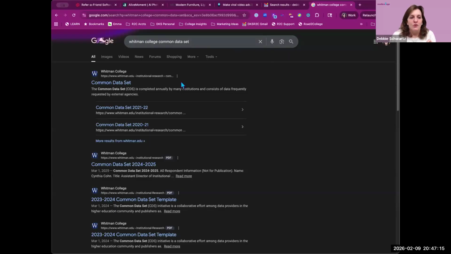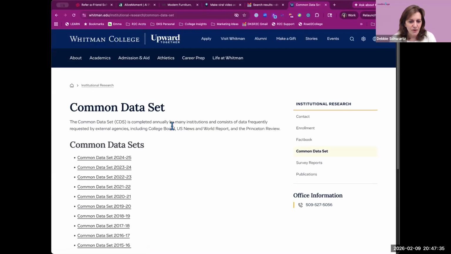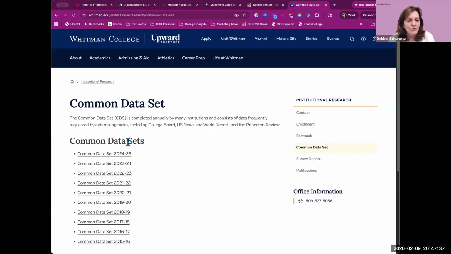Okay, thanks. So, to find any college's common data set, you just put in the college name and the words common data set, and hopefully it should bring you to the page on that college's website that lists all the different common data sets that they have. So let's go directly here, and this is great. This is the way most colleges have it.